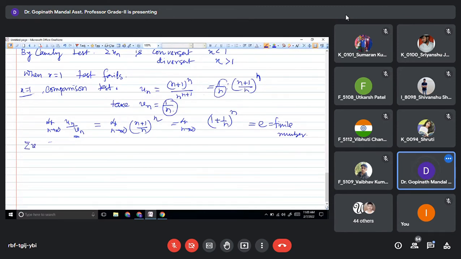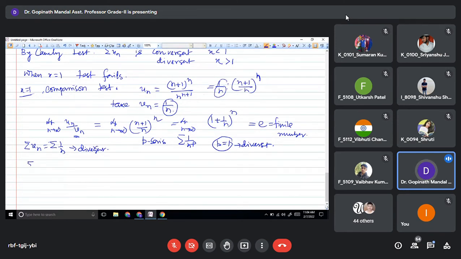Now vn is equal to this. Now the question: is 1 by n a convergent series or a divergent series? Divergent. Sir, divergent. Because this is a p series, and the p series is 1 by n to the power p. If p equal to 1, the series is divergent. So 1 by n is a divergent series.